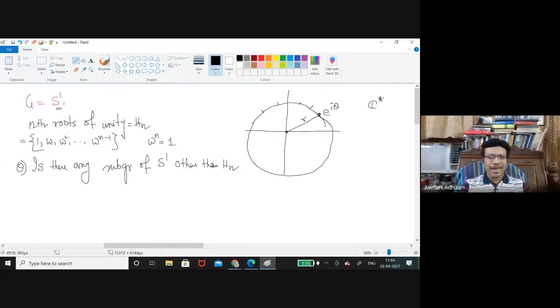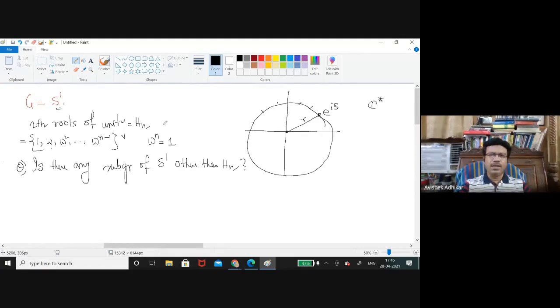Hn is a finite subgroup of S1, no doubt about this. My question is, is there any subgroup of S1 other than Hn? What will be your answer? What do you think, or what will anybody think?